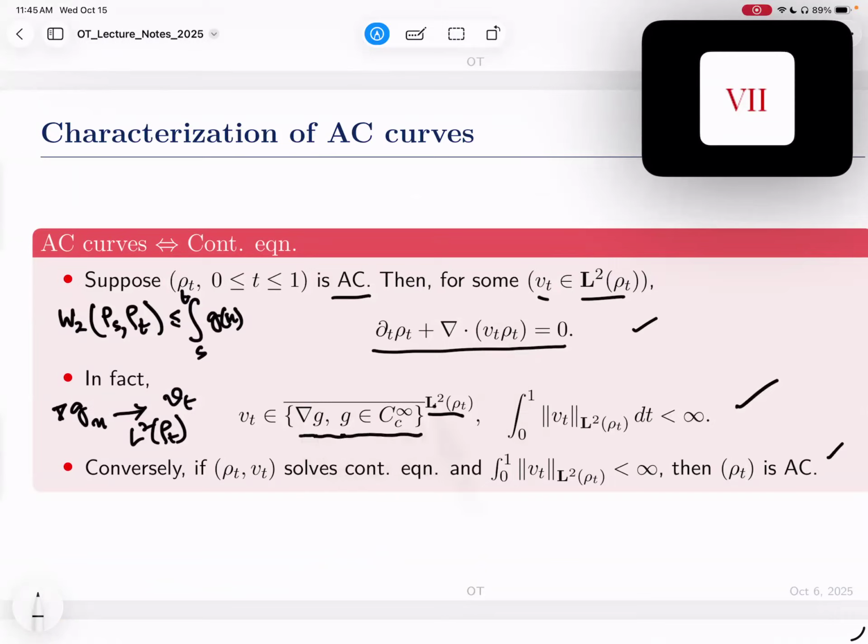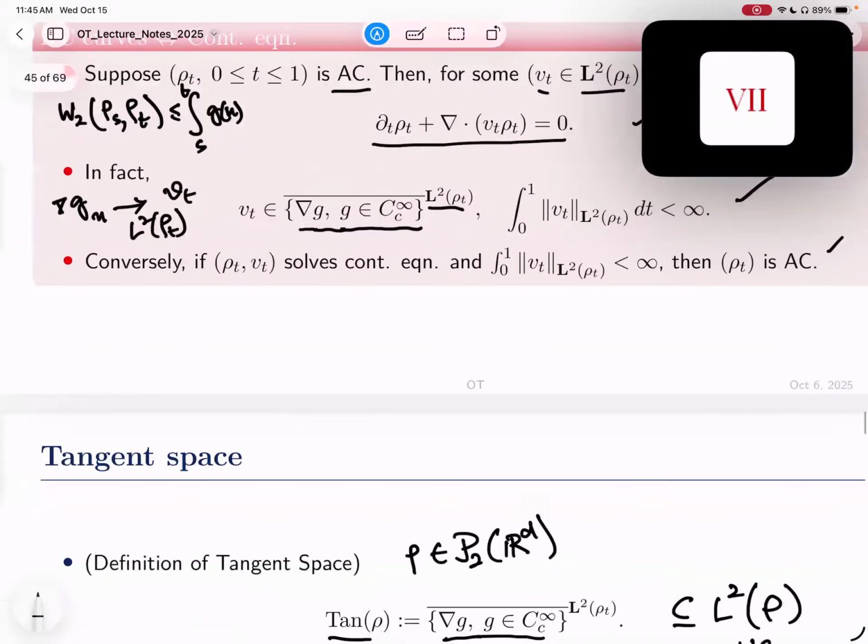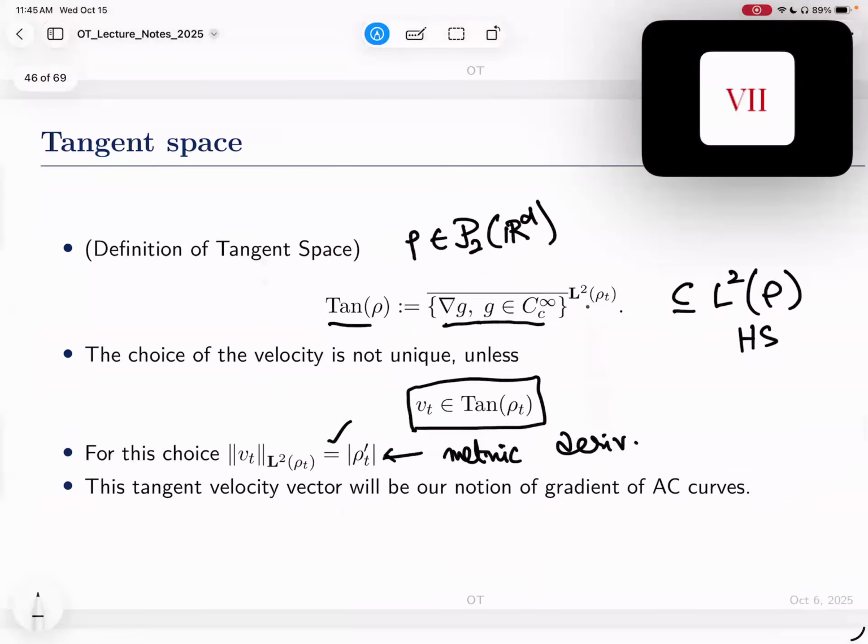In other words, this lies in the particular subspace of L2 of rho t, which is given by the closure of the gradient of smooth compactly supported functions. So we pick out this subspace, and we say that that's what we're going to call my tangent space. And any vector valued function that lies in this tangent space is what I'm going to call my tangent velocity.